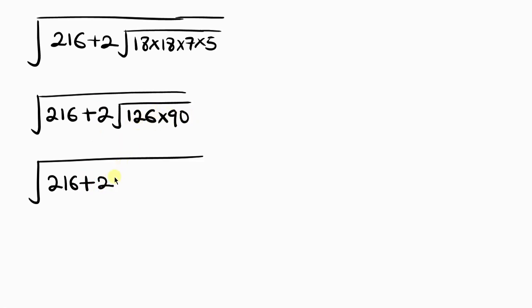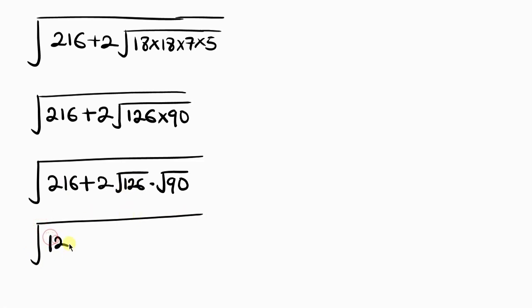So this can be written as the square root of 126 times the square root of 90. Now notice that the addition of 126 and 90 gives 216. So this expression 216 can be written as the sum of 126 and 90 plus 2 times the square root of 126 times the square root of 90.